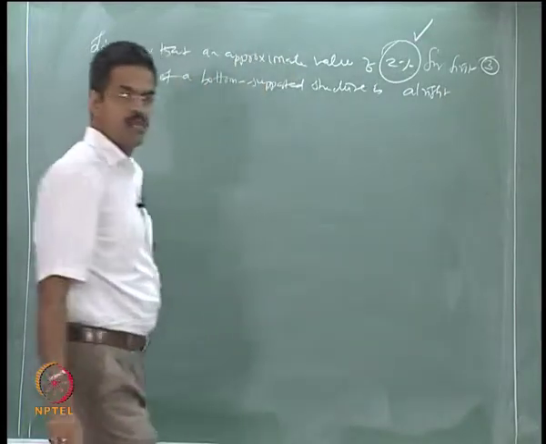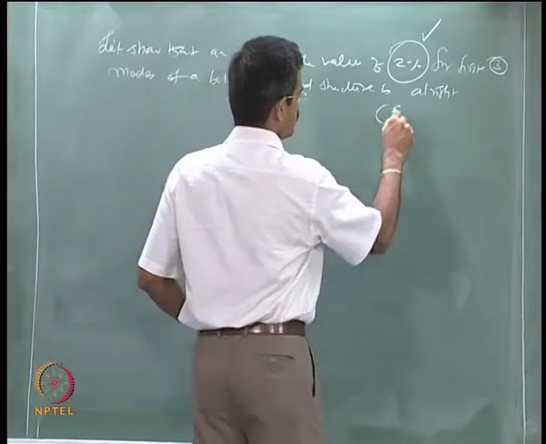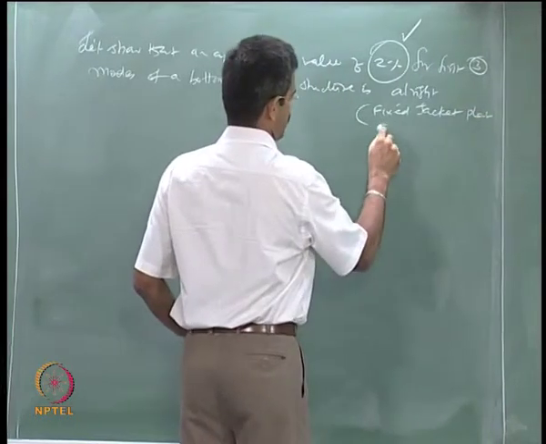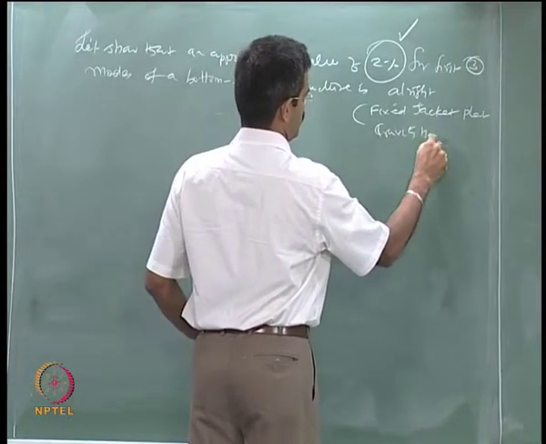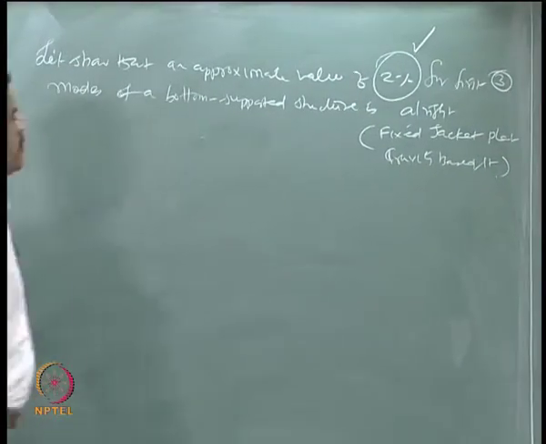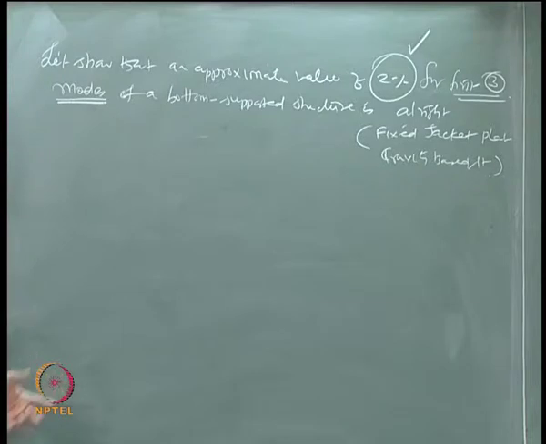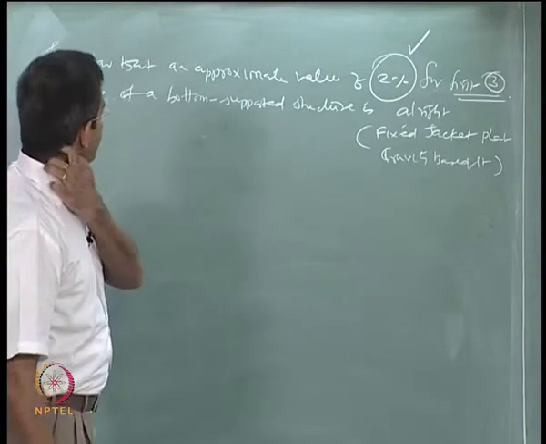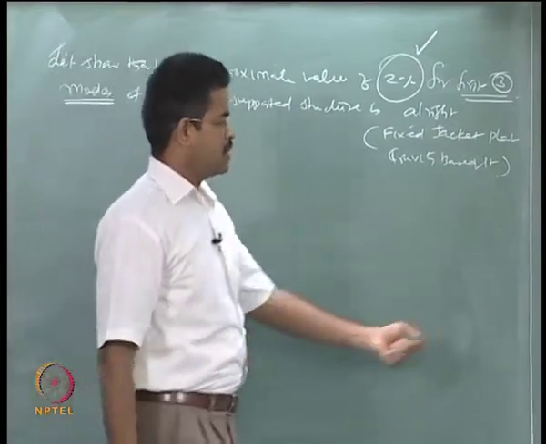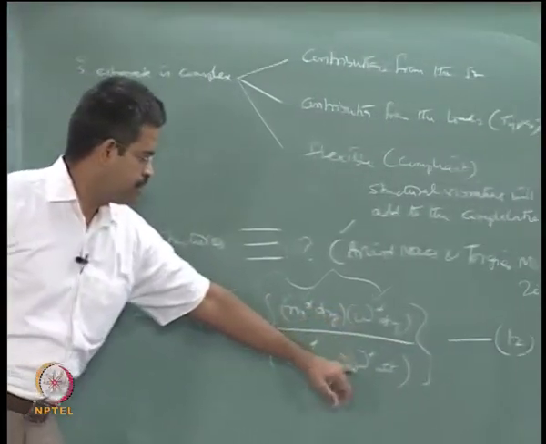So, a value of 2% is what is recommended in the literature for a bottom supported structure, for example, fixed jacket platform, gravity based structure, etc. So, one can use 2% for the fundamental mode and additional 2 modes, that is the first 3 modes, as the damping, which can account for radiation damping, which has an effect of the submergence as well as the frequency. You have frequency content also here.